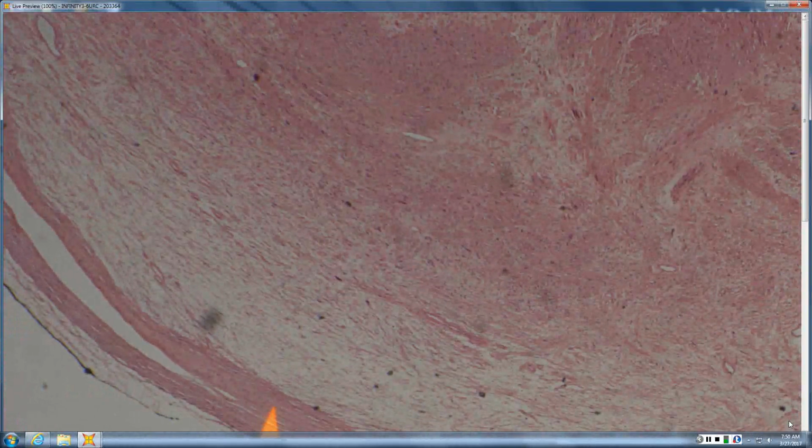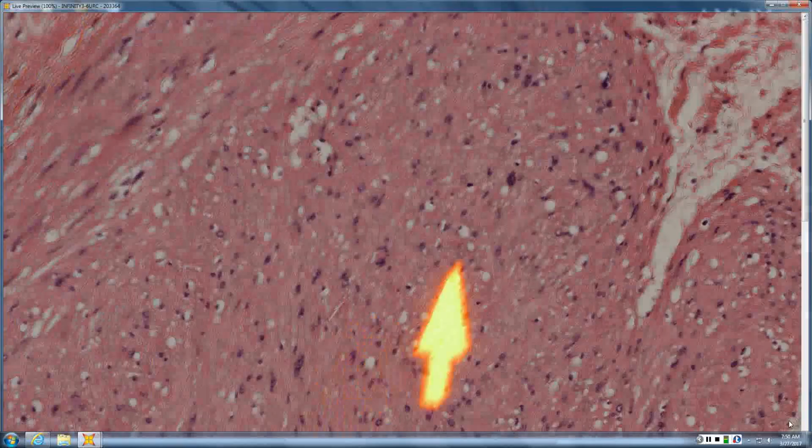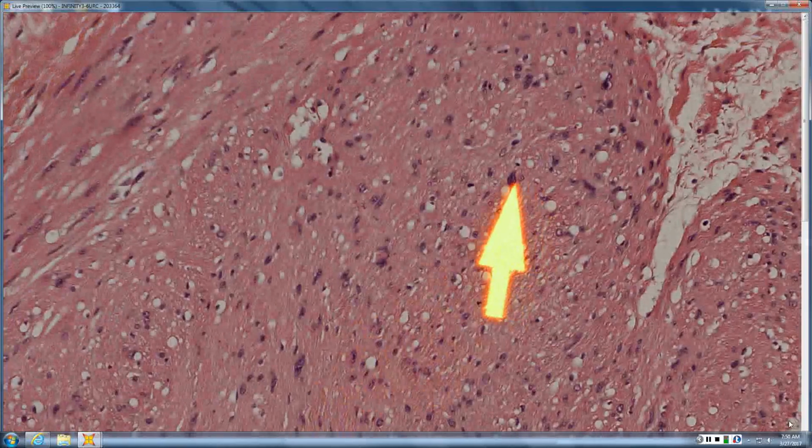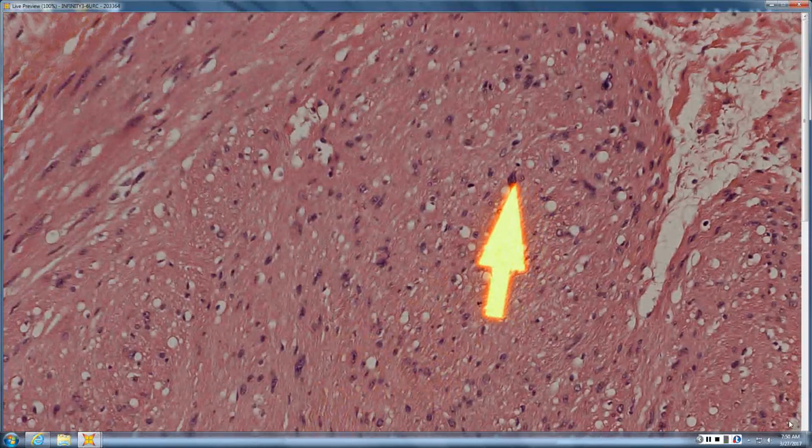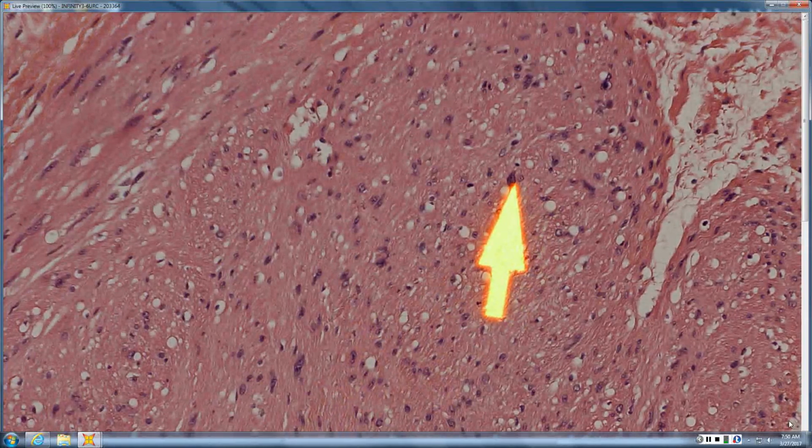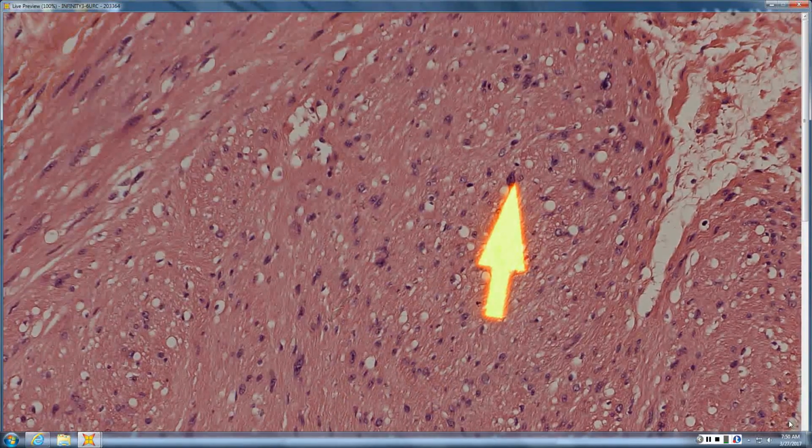So on scan: encapsulated big round ball, crescentic zone of subcapsular edema, very pleomorphic atypical cells, but no mitoses. And that's just ancient change, which in neural crest and smooth muscle lesions is a dime a dozen. Right?